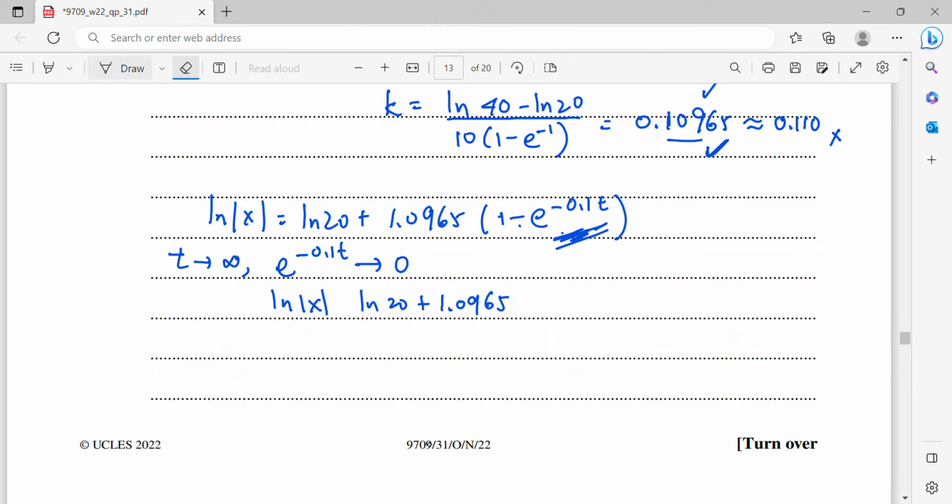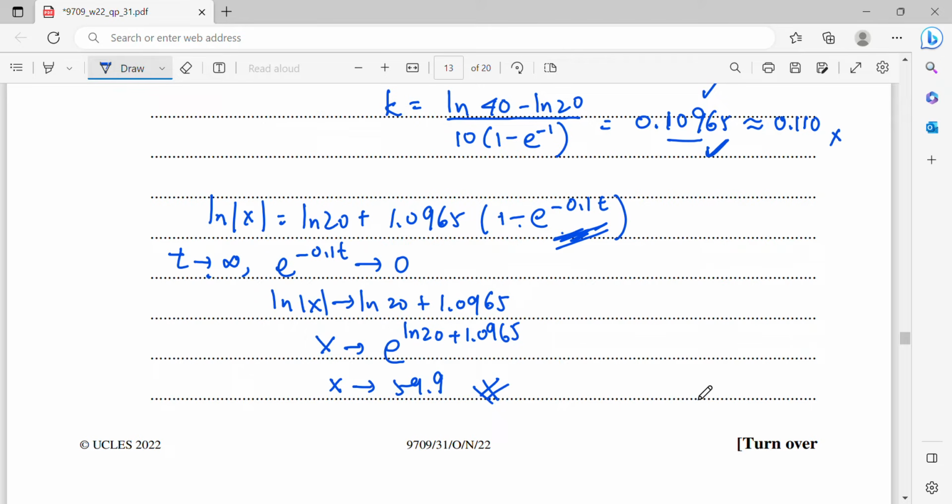Okay, it's not equal sign, approximate. So to get the x, you need to take e both sides in order to eliminate the ln. So when you do the calculation, it will be 59.9, which means when t tends to infinity, your x approaches 59.9.